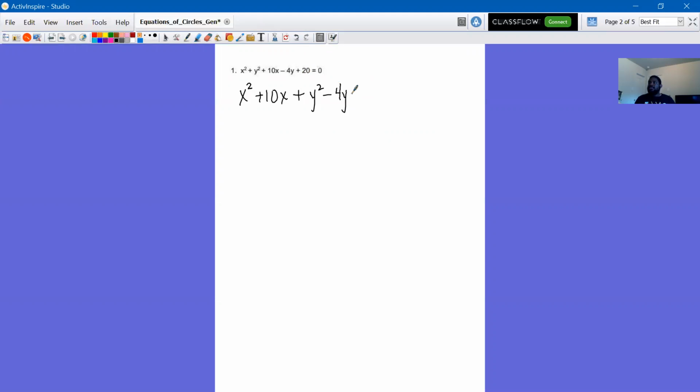And then I'm going to subtract the constant on the other side. In this case, I'm subtracting 20. So now I'm going to go ahead and group my terms. And on my next step, I'm going to write blanks in.